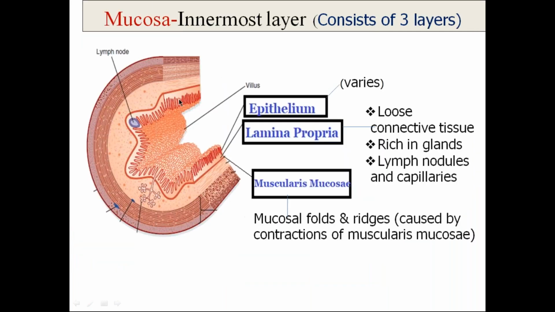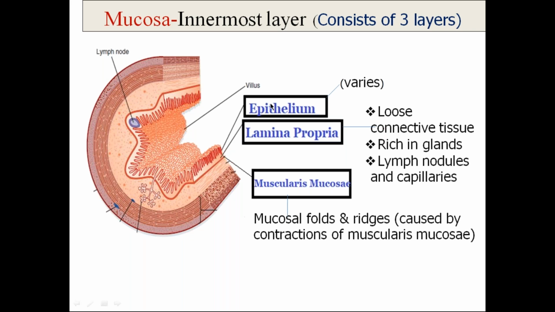So the mucosa, the innermost layer, in turn consists of 3 layers. The innermost is the epithelial lining of the GIT. This epithelial lining again varies. As you can see, in the small intestine the epithelial lining is thrown into a number of folds known as the villi and the microvilli.